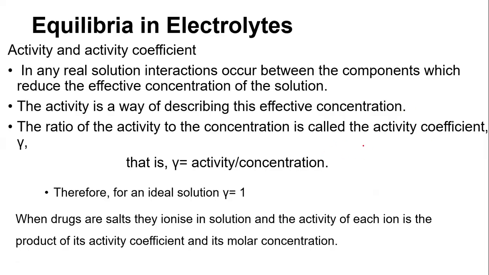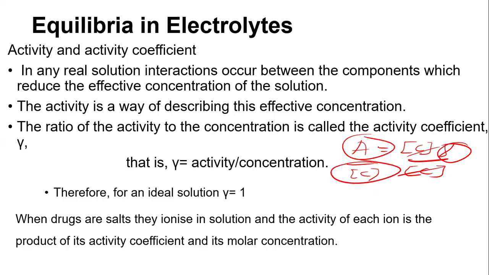Let me just narrate it. The activity is equal to the concentration multiplied by the activity coefficient. If I change the subject and divide both sides by the concentration, I get the activity coefficient is equal to the activity divided by the concentration. That's what they have said: the ratio of the activity to the concentration is called the activity coefficient.